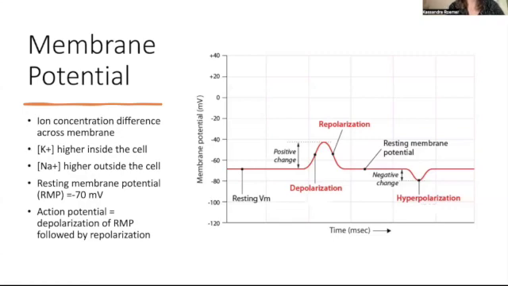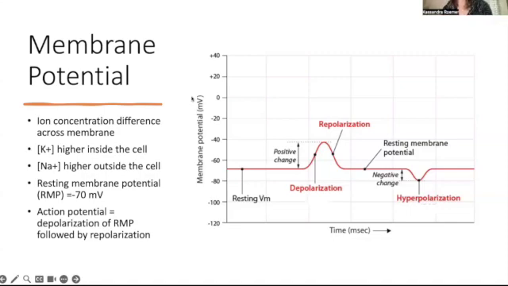Depolarization means that the potential gets less negative, more positive. So from that -70, we depolarize the inside of the cell to about -40, which is essentially the peak of an action potential. And then the cell will repolarize and we go back to the -70 microvolt.